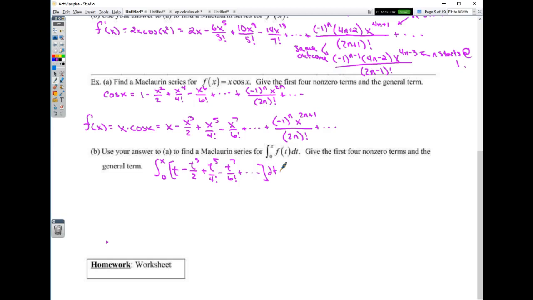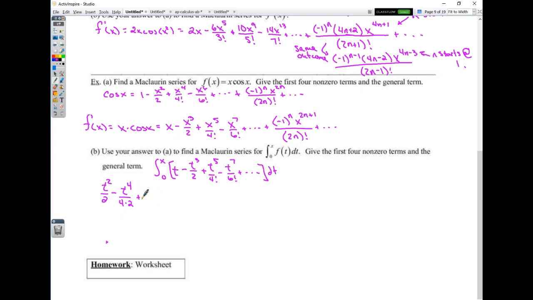All right, now I would have to take the antiderivative of this. What is the antiderivative of t? T squared over 2. What is the antiderivative of t cubed over 2? T to the 4th over 4 times 2? You could call it 8. I'm not going to, because the next term would be terrible.